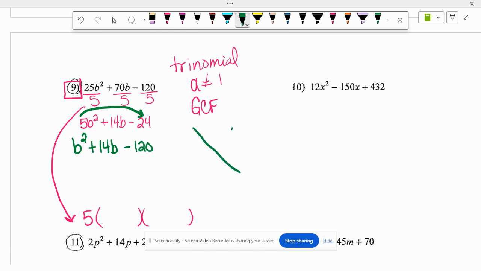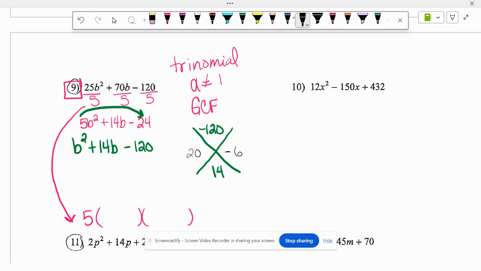So I need to come up with two numbers that when I multiply them together, I get negative 120, but when I add them, I get a positive 14. So probably one is going to end up being positive and one will end up being negative. So let's see. I'm thinking that probably I'm going to use the positive number 20 and negative 6.